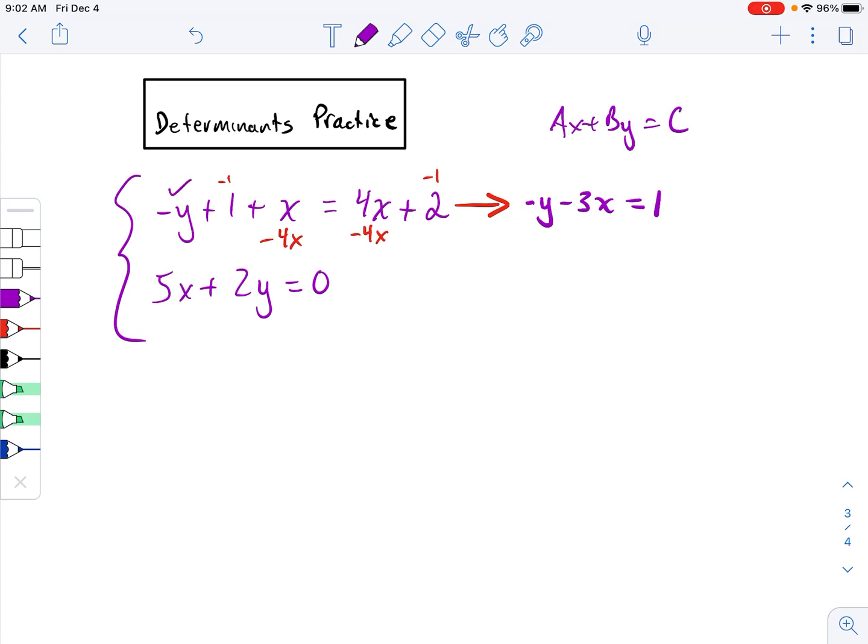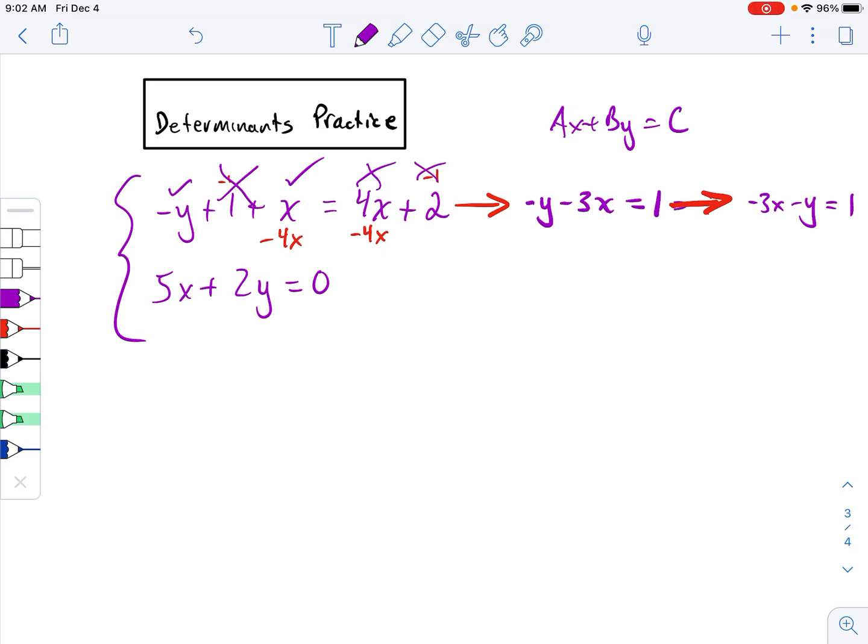So I took care of this. That went away. This became negative 3x. This went away. And this just became a 1. All right, now I still need it in ax plus by form, so I'm going to now again transition this into something else, which will be negative 3x minus y equals 1.